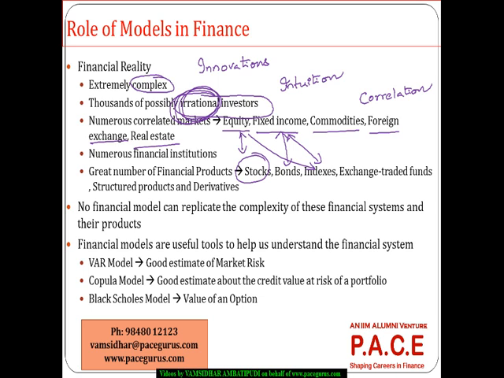And the products have become more and more complex today. So any financial model that I try to create, which will help me take a buy or sell decision, is going to be a very complex one. It can't replicate the reality of all these financial systems and products.